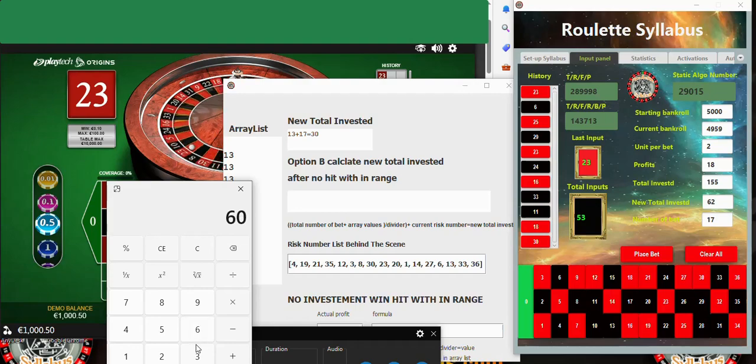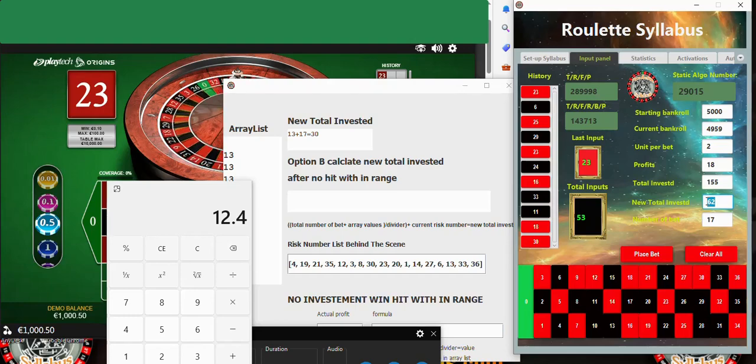I am going to divide 62, if you want. Yeah, I would say 62. I'm going to divide that number by 5. So it is going to be 13. So always you have to divide that number, the total new invested amount which has been lost, by a number which is going to stay below 10 or 20. No, sorry.